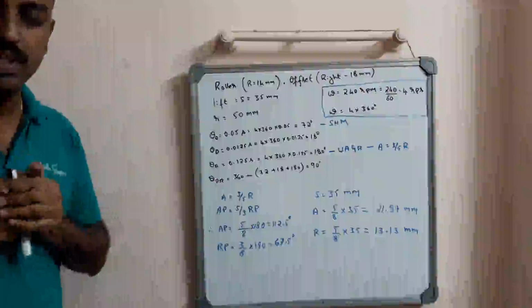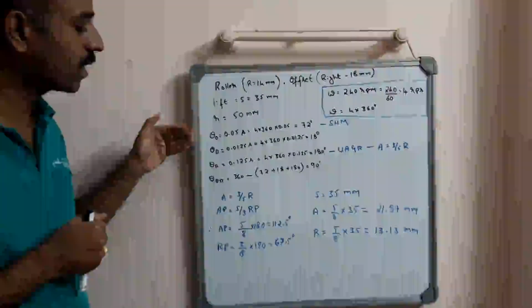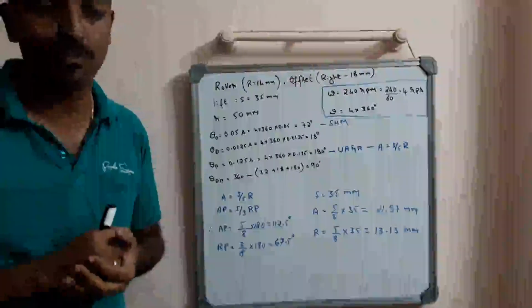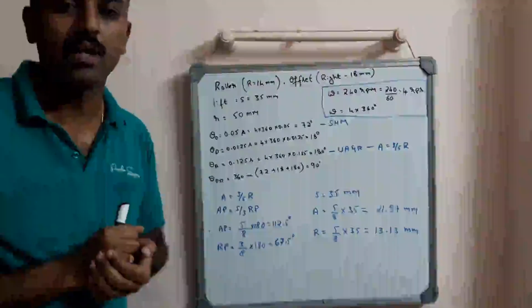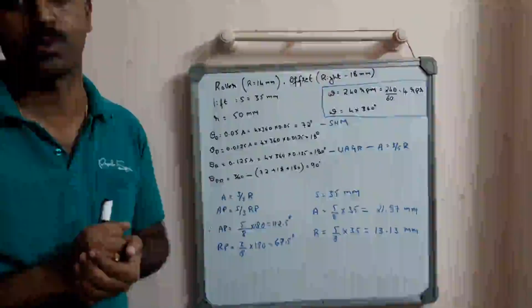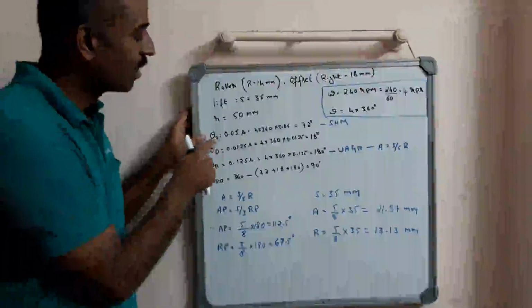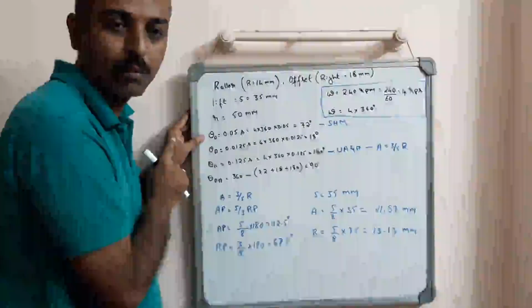Then after this, the type of motion during outstroke and return stroke are to be noted. We know that there are 4 types of motions: uniform velocity, uniform acceleration and retardation, cycloidal motion and simple harmonic motion. Out of these 4, he is saying that during outstroke, the follower is having simple harmonic motion.